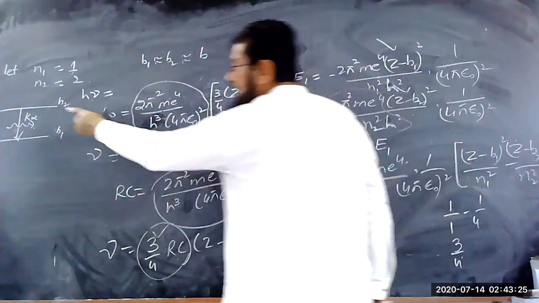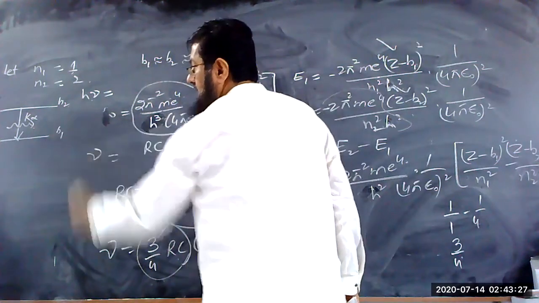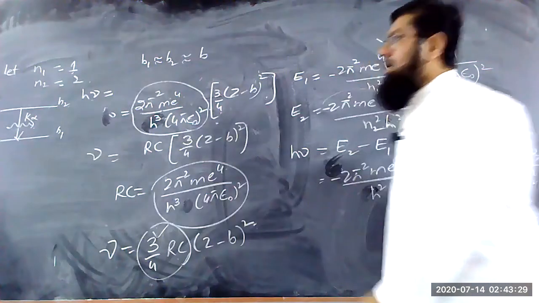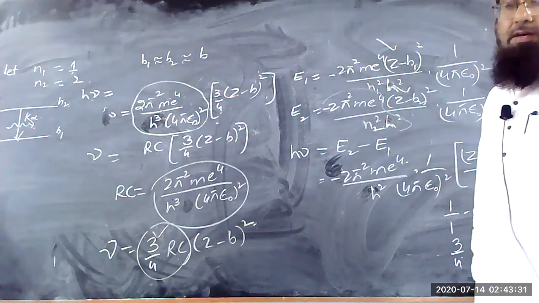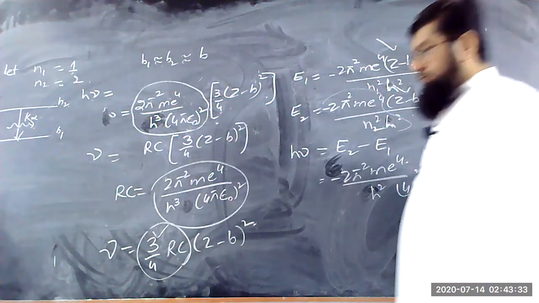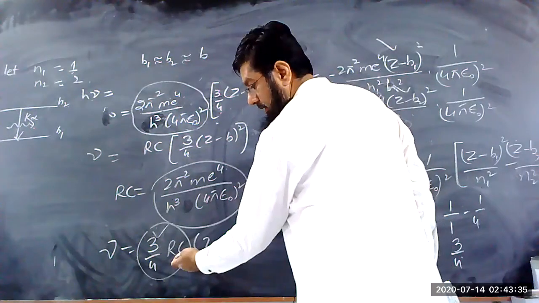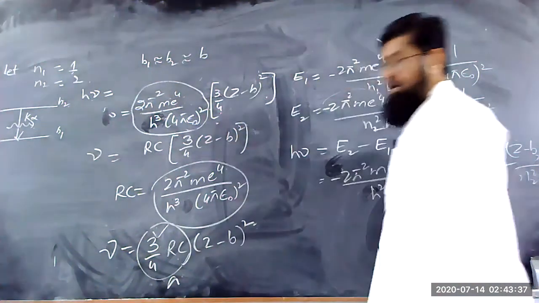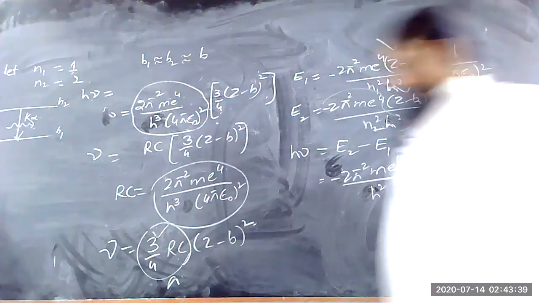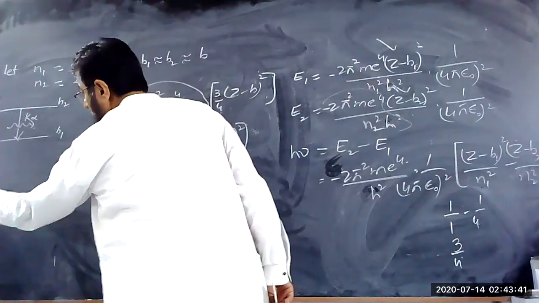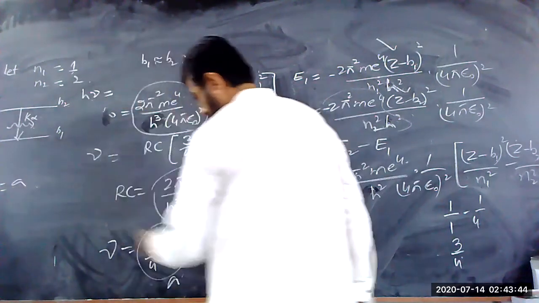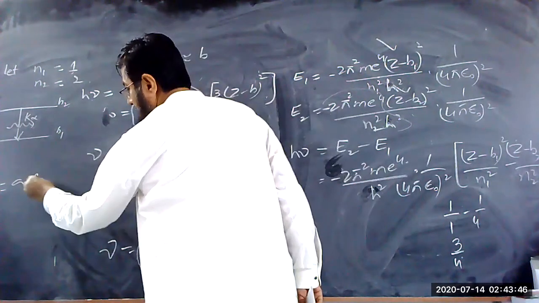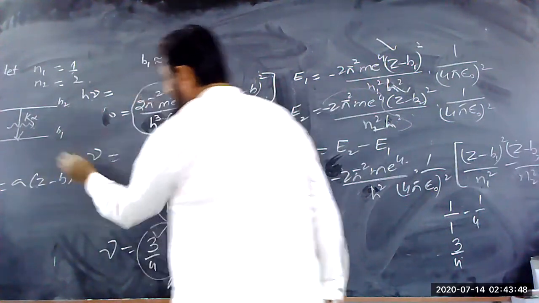and this is for the Lyman series, this is for the K alpha. So this 3 by 4 is the constant term for K alpha, and we call it A. A is constant. So therefore, this frequency nu becomes A (Z minus b) whole square.